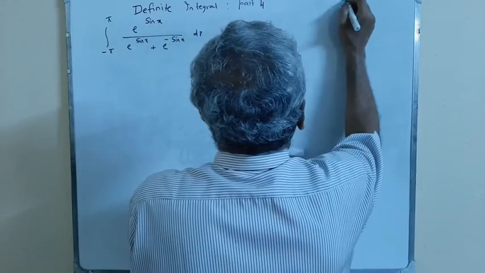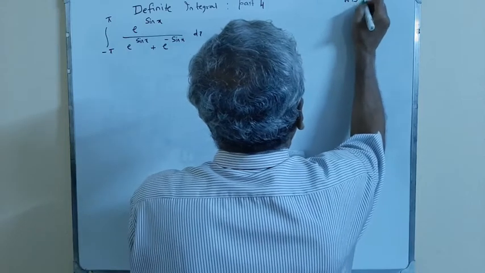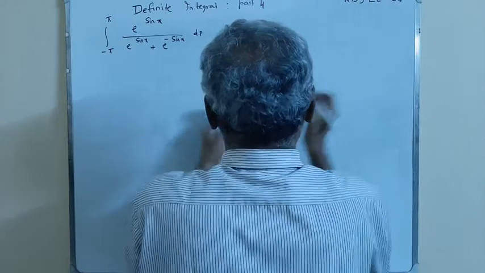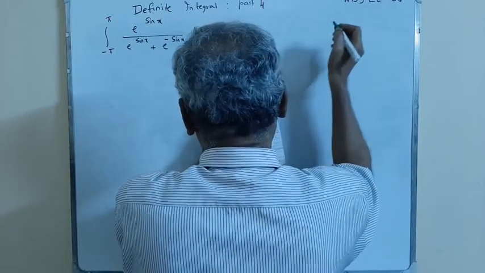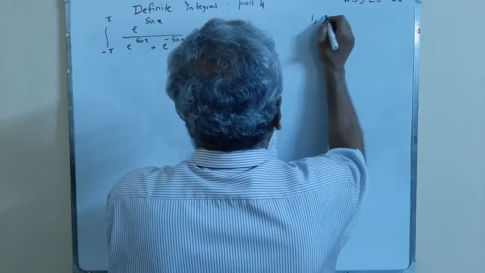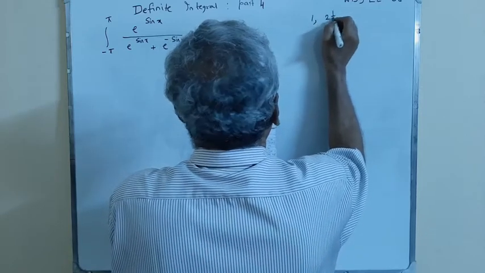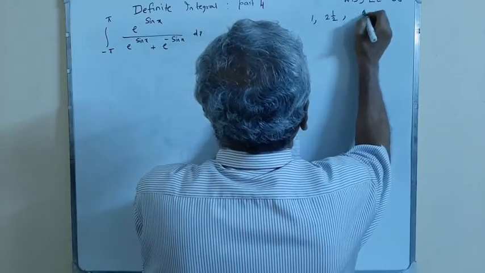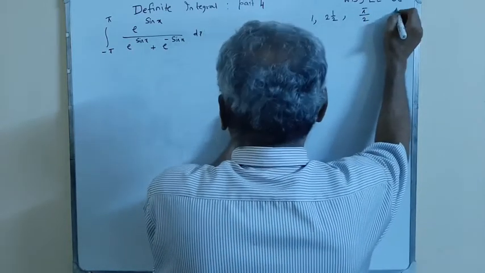It is given in 2008. Options are 1, 2.5, pi by 2 and pi.